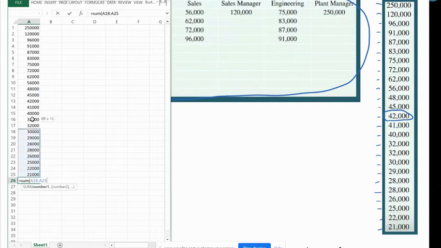So if I drag across all these items and close the parentheses, notice it filled in the addresses A1 to A25, press enter. And so now I know that the sum of all that data is 1,481,000.